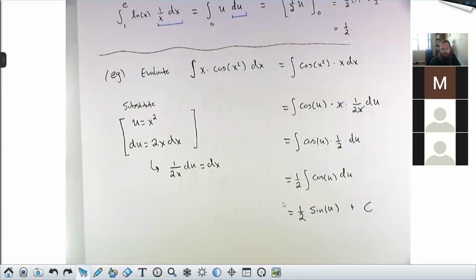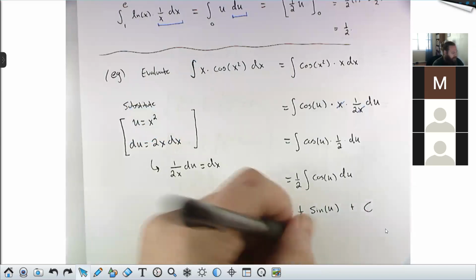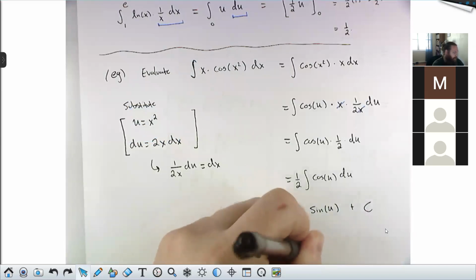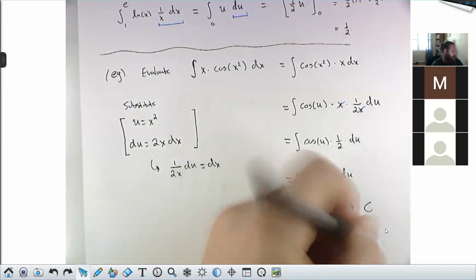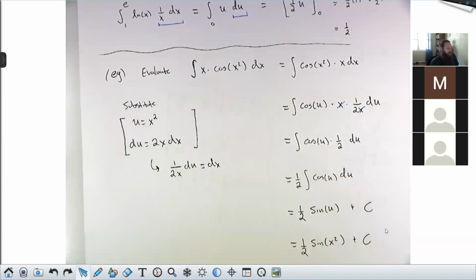They don't even have the same variable. With an indefinite integral, you don't need to change bounds, but at the end, you do need to plug this back in. So this 1/2 sine u plus c, we need to plug back in u equals x squared. And we get 1/2 sine of x squared plus c.